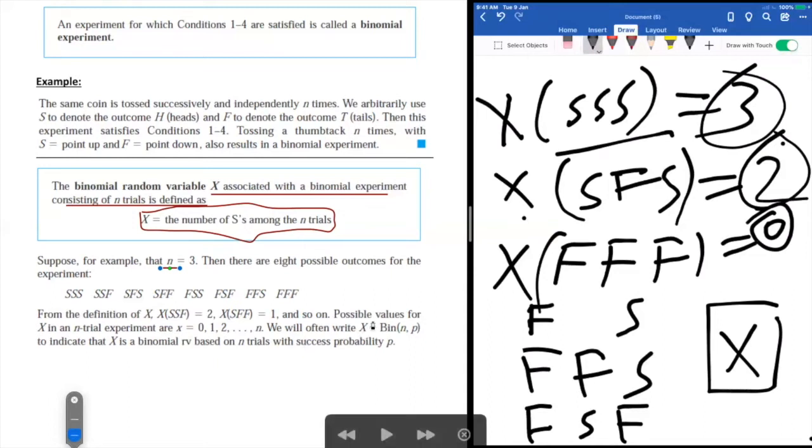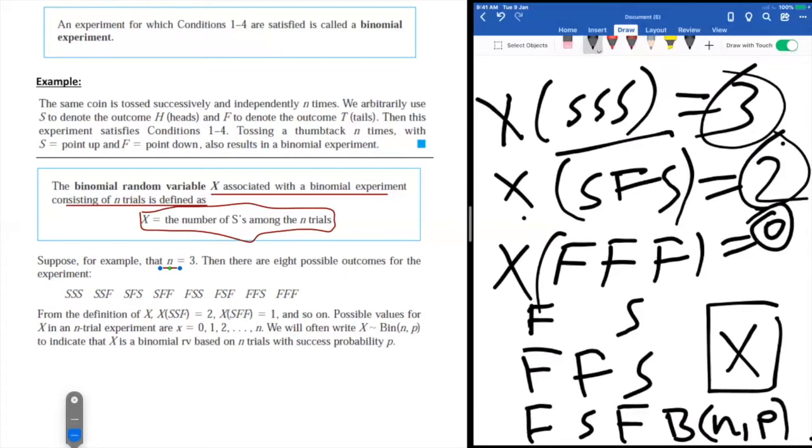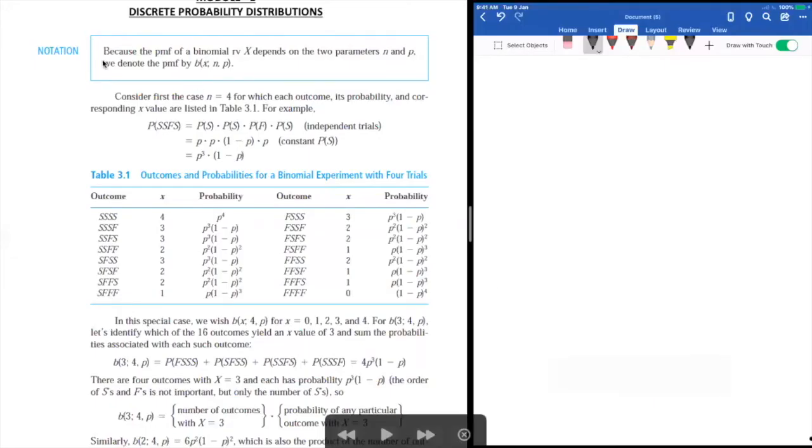We often write capital X is binomial B of n, p, or simply B of n, p: binomial distribution with n equal to the number of trials and p equal to the probability of success. Now, the PMF, probability mass function, of a binomial random variable capital X depends on two parameters: the number of trials n and the probability of success p.